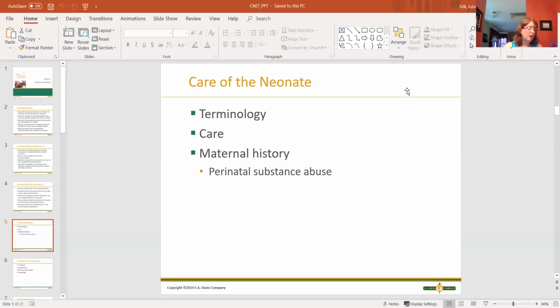When we talk about care associated with most full-term infants at 38 weeks gestation, it primarily protects and supports the neonate during its physiologic transition to extrauterine life. So in other words, you want to try and get this baby to at least 38 weeks to give them a really good chance at life.